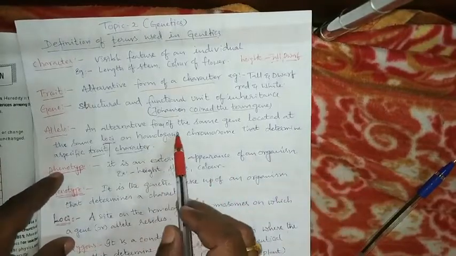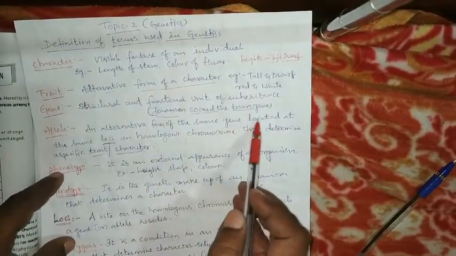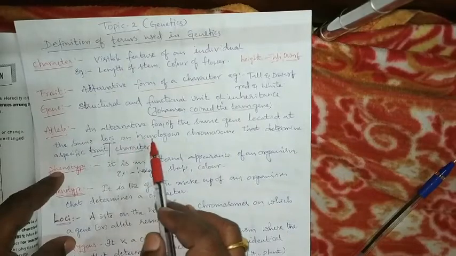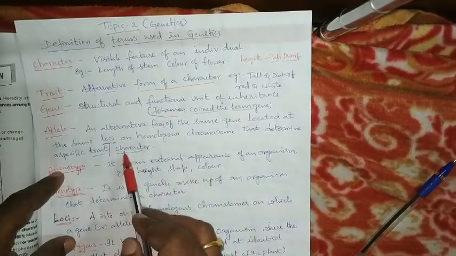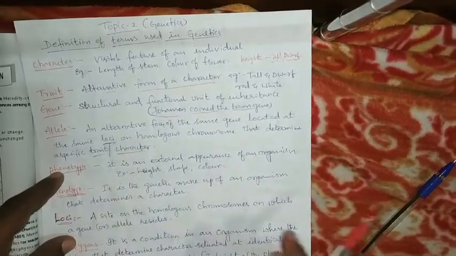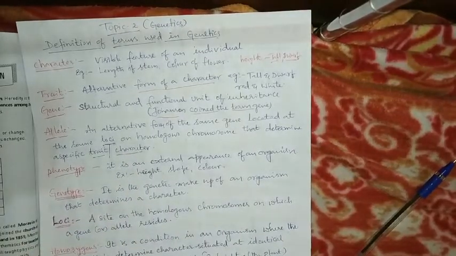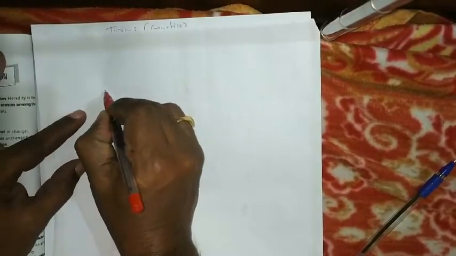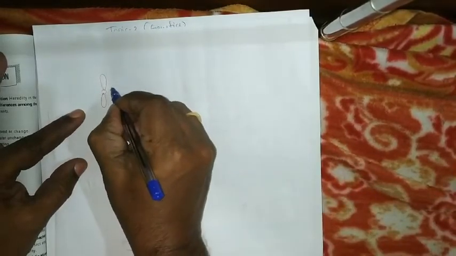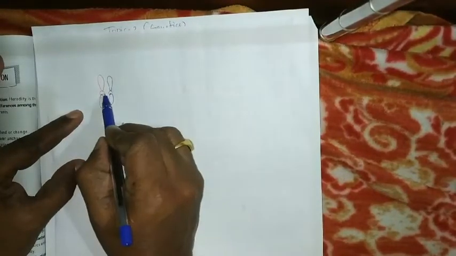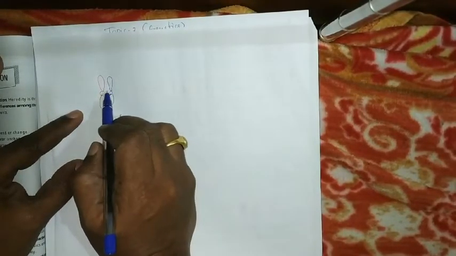Allele: alternative form of the same gene located at the same loci on homologous chromosomes that determine a specific trait or character. Coming to this term, this is one chromosome, a pair of chromosomes. A pair of chromosomes means in diploid condition, every chromosome has a pair.